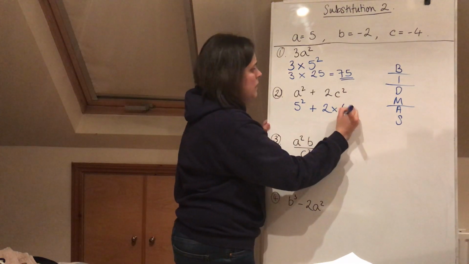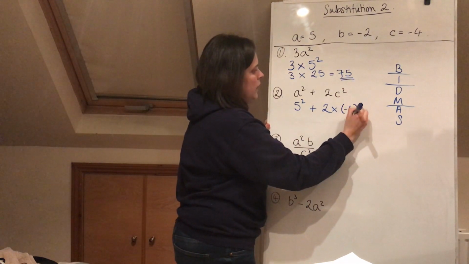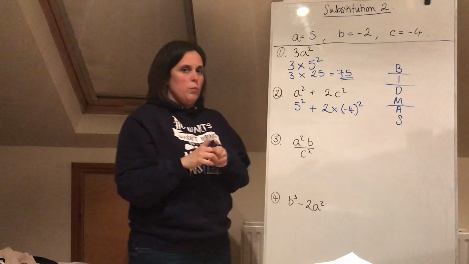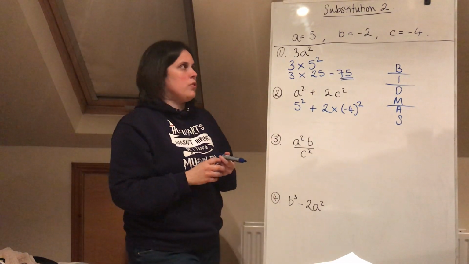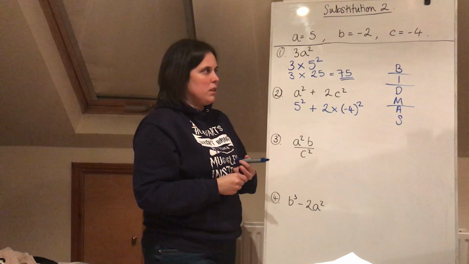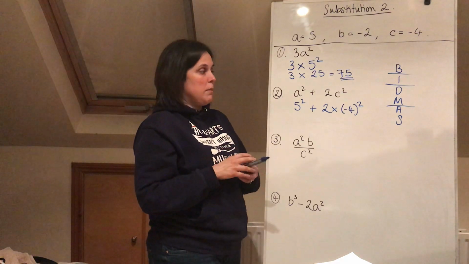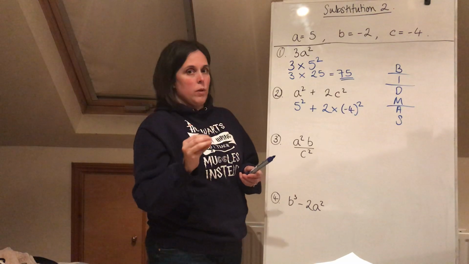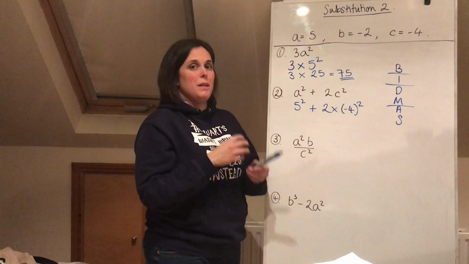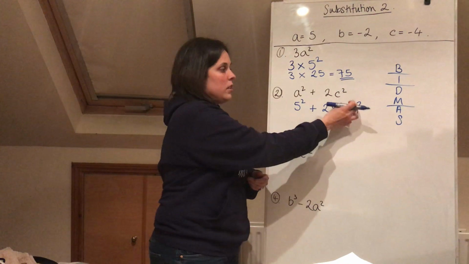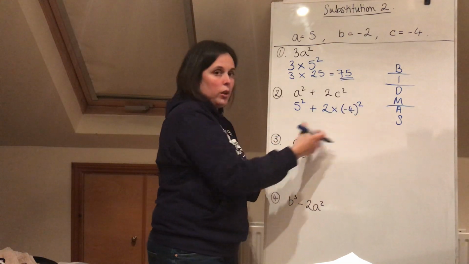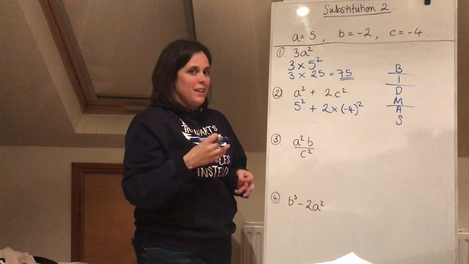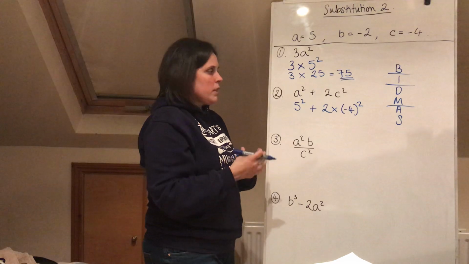Now I'm going to be very specific here, and I'm going to put negative 4 in brackets. Now I wouldn't normally do that if it was not a negative number, because it's not necessary, but here we are saying the negative 4 is squared, not 4 squared, but negative 4 squared. So it's important that that bracket shows that that's what we're doing, because there is a distinct difference.